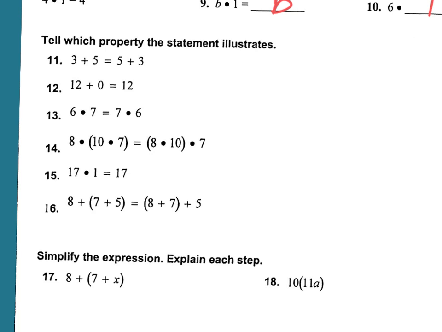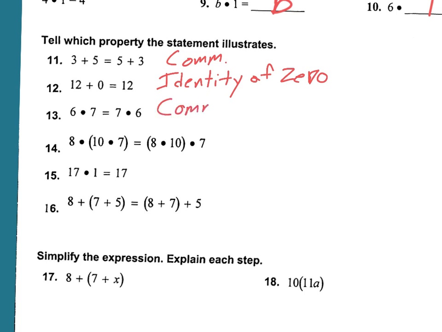Again, which property the statement illustrates. Well, what happened here? The numbers switch spots, so we know it's commutative. I'm going to abbreviate to save some time. What happened here? Well, we have identity of 0 happening. What happened here? The numbers switch spots, so it's commutative again.